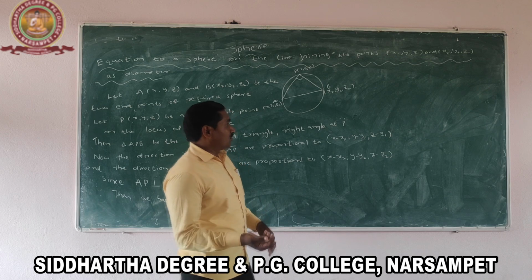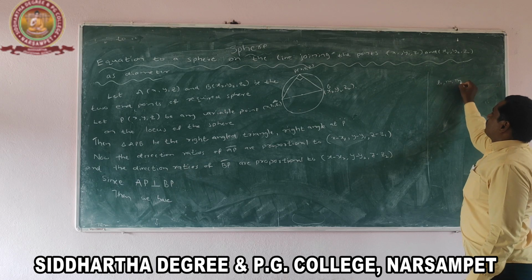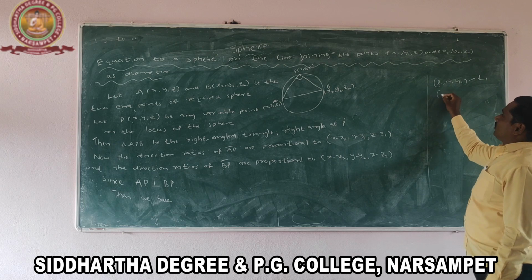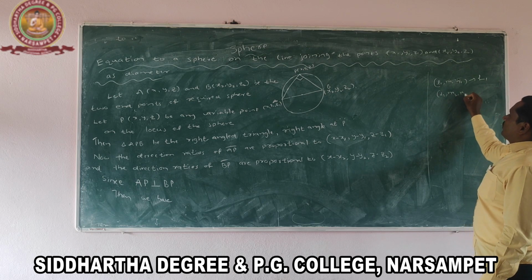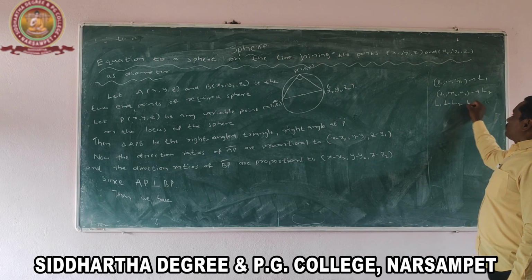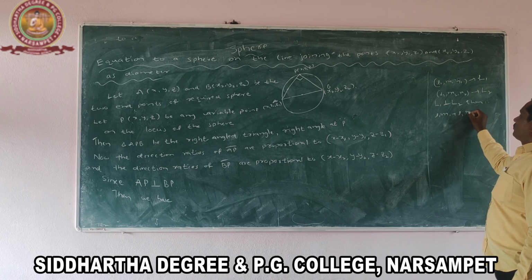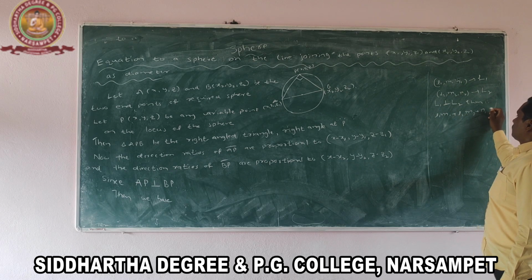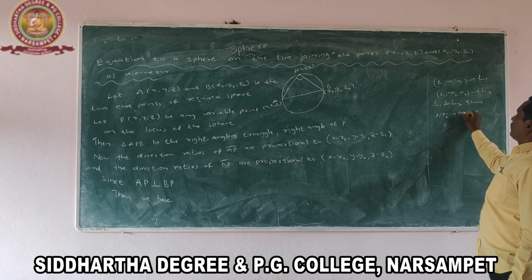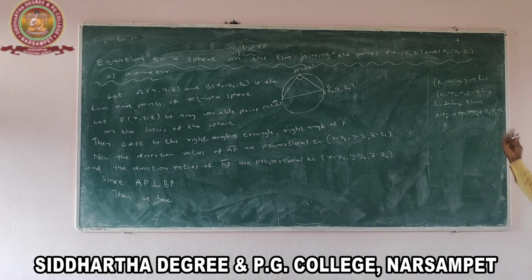From previous knowledge, suppose l1, m1, n1 are the direction ratios of a line L1 and l2, m2, n2 are the direction ratios of a line L2. If L1 is perpendicular to L2, then l1 l2 plus m1 m2 plus n1 n2 equal to 0. That is the basic property.